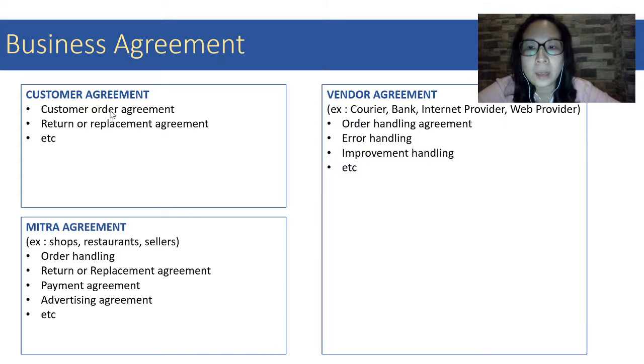Okay, and the same thing goes for the mitra and the vendor. You need to explain, for example, if the goods are defective, how the seller will be responsible, whether the seller needs to send replacement goods or refund the money.